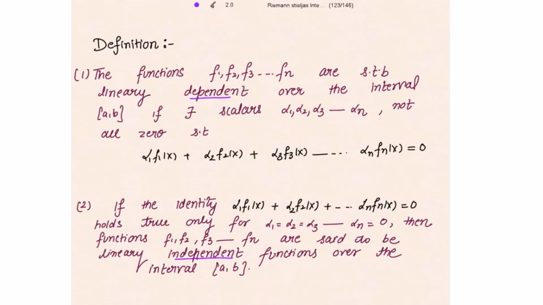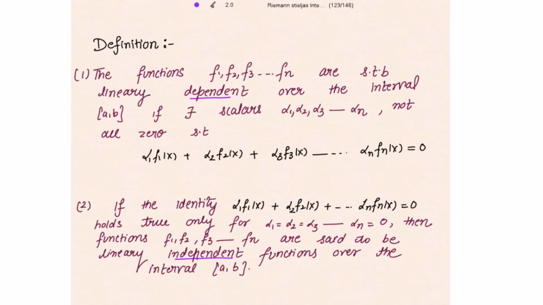So for the functions to be linearly dependent over the closed interval [a, b], their scalars should not be all 0. Some may be 0, but not all should be 0, right?